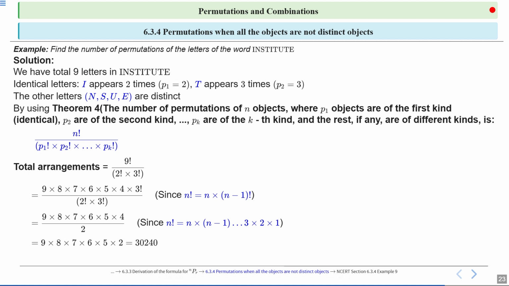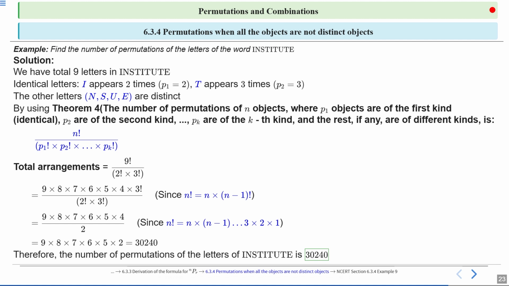Okay, so the final answer will be 30,240. So therefore the number of permutations of the letters of the word institute is 30,240. Okay, so I hope this example is clear to all of you.